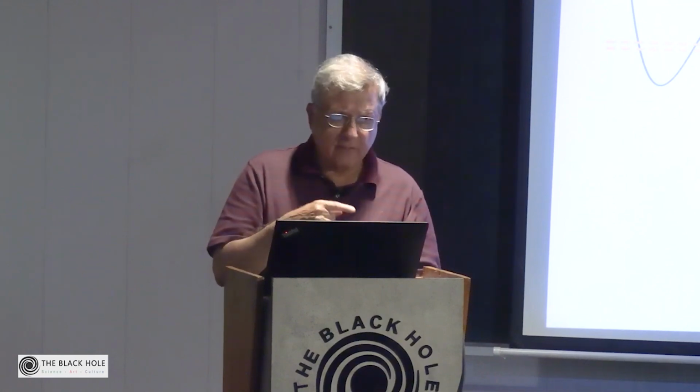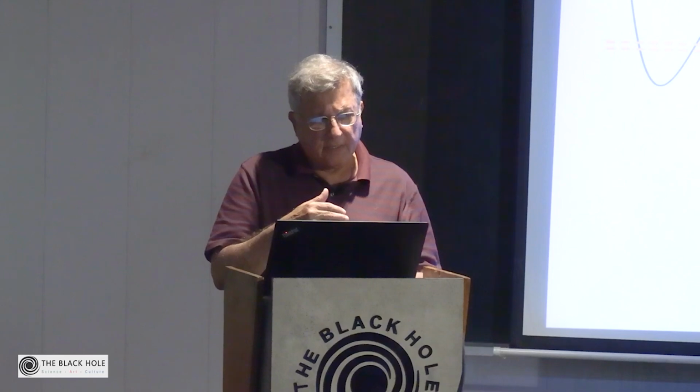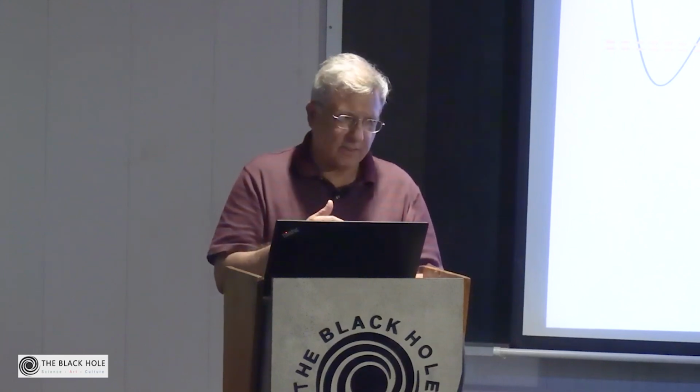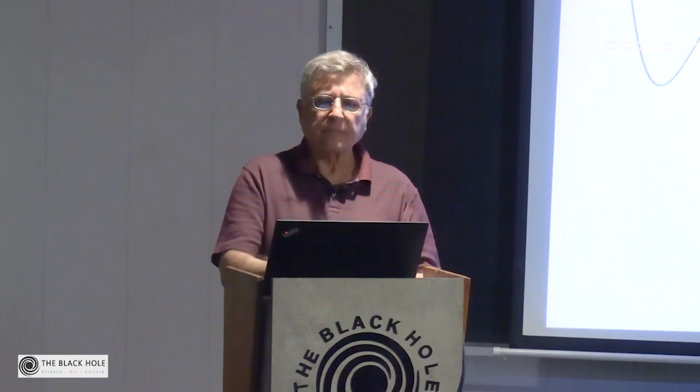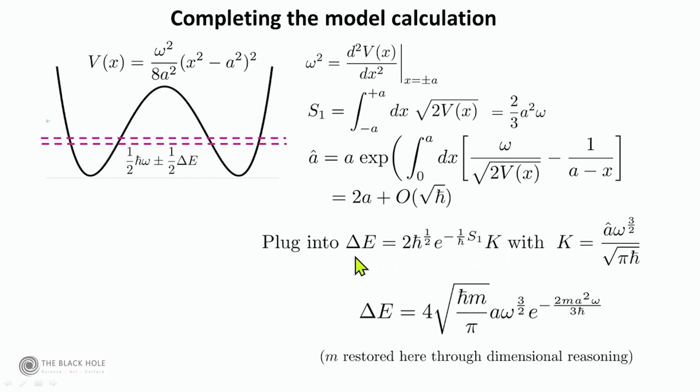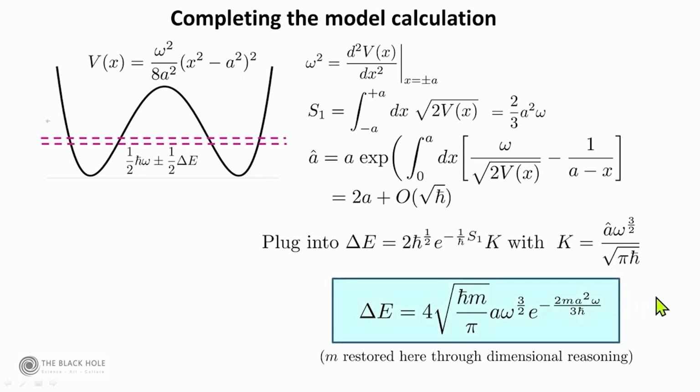We can't go to cubic, which means that we're not sensitive to square root of h bar corrections. Finally, put this into the formula for delta E that you saw on the previous slide. And here is our final answer. And just out of dimensional reasoning, I've put m back over here and m back over here. And this is the grand answer that we have been looking for.